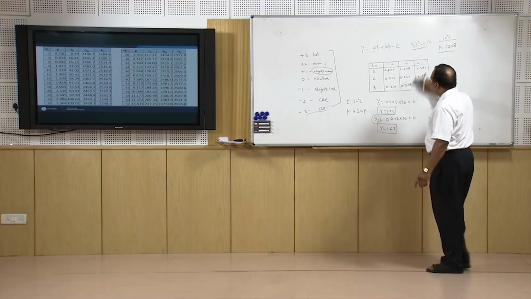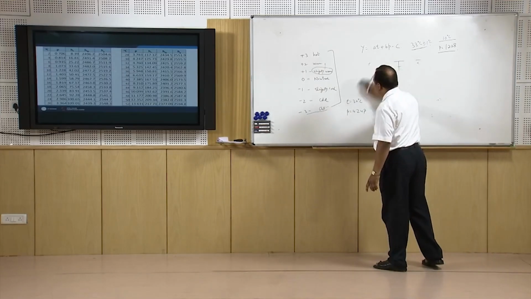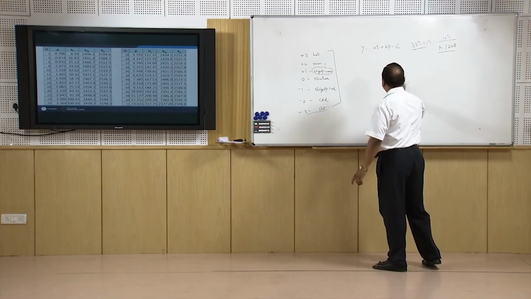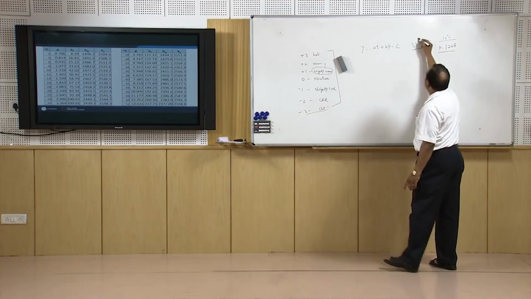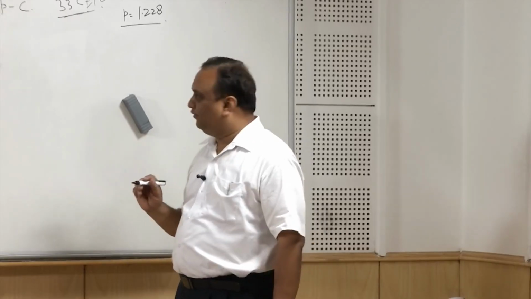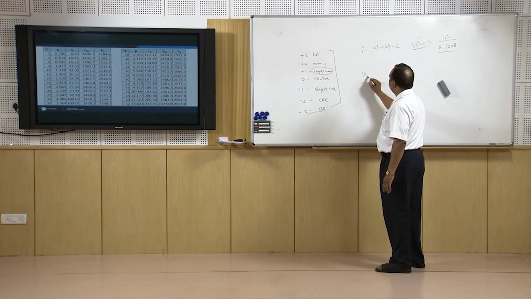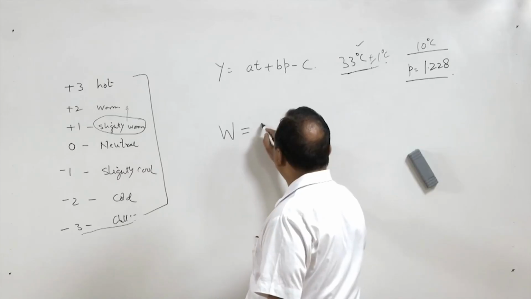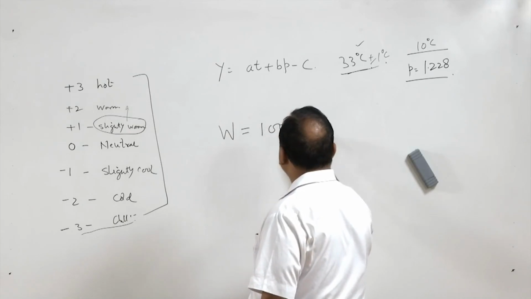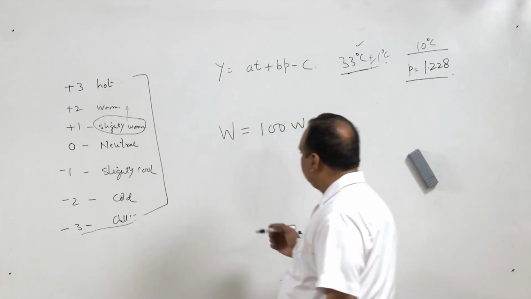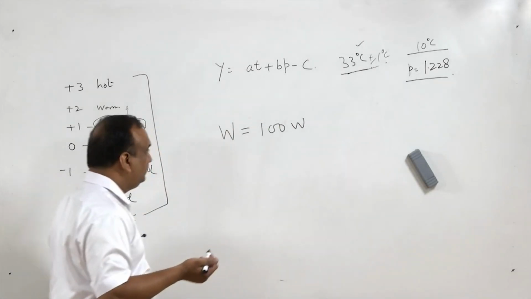Now, we have to find outside temperature. Skin temperature is 33. Suppose we are sitting in outside environment, doing or not doing any activity, the heat liberated from the body will be 100 watts. There is a breeze.